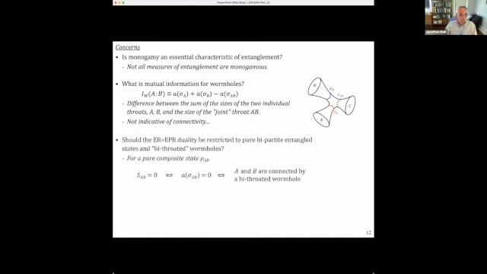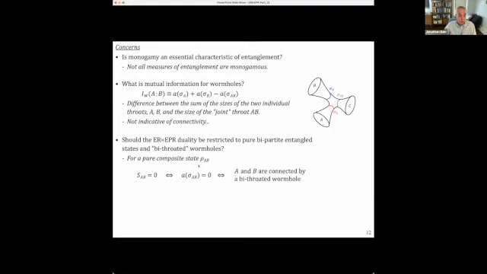And moreover, this also raises the question, should the ER equals EPR duality be restricted to pure bipartite entangled states and corresponding bi-throated wormholes, given that entanglement entropy was originally introduced, or at least is best understood as applying to bipartite systems?